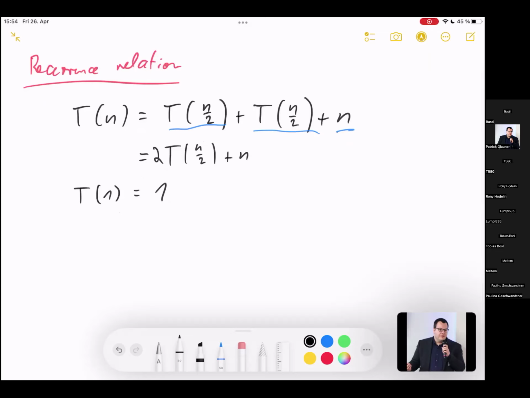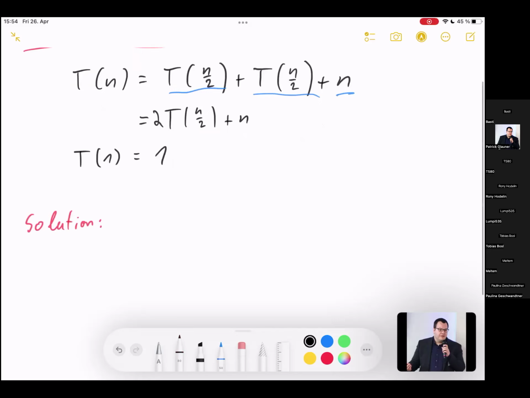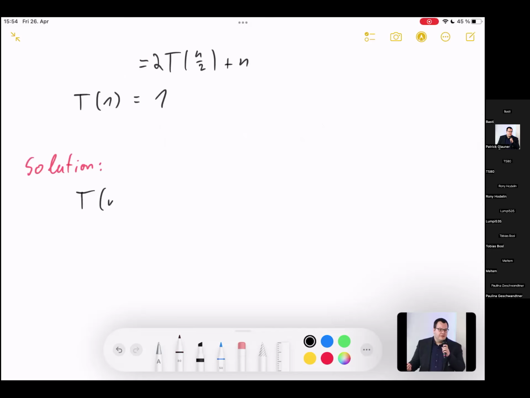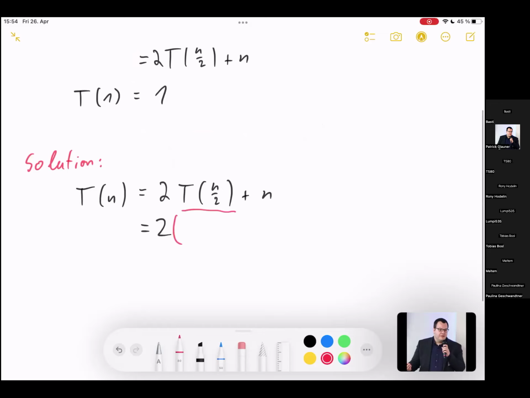So we're just doing the same steps as before, because we're trying to solve it. So we say the solution of this recurrence relation is the following. Remember, we apply T of n. Well, first we write down T of n. And then we apply it to itself. I'm just highlighting this in red. And the plus n is from before. And now I'm applying the recurrence relation to itself.